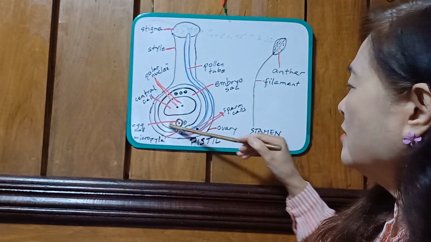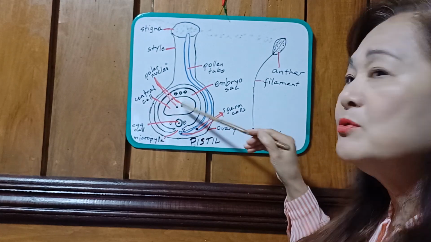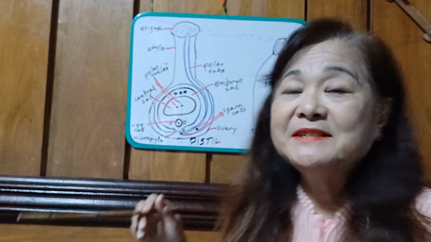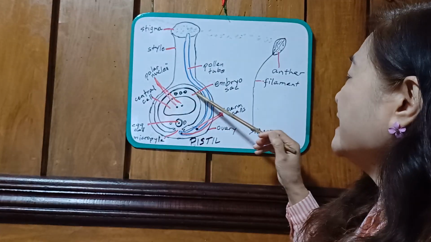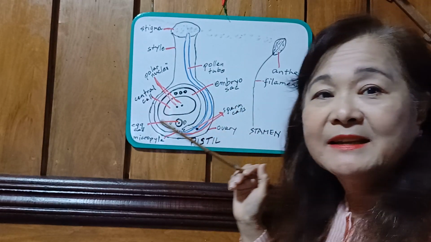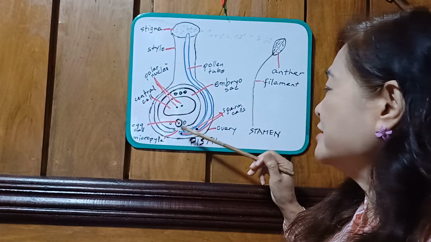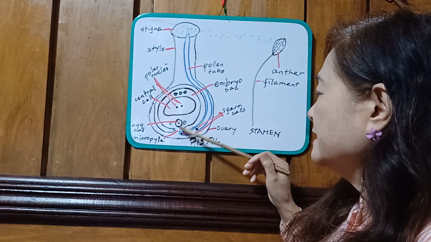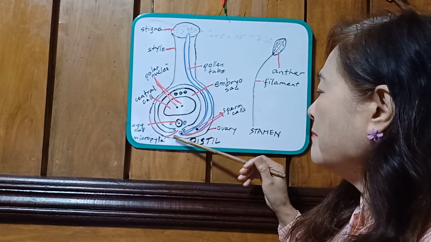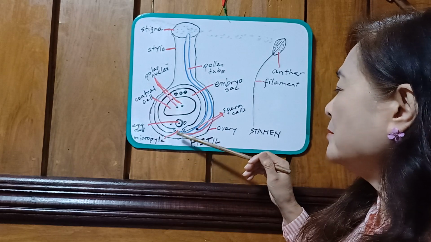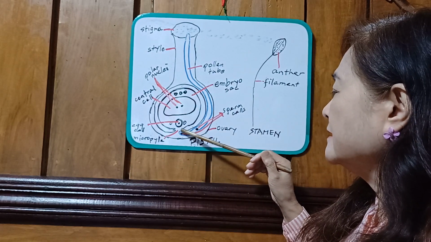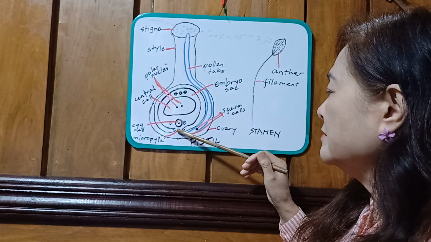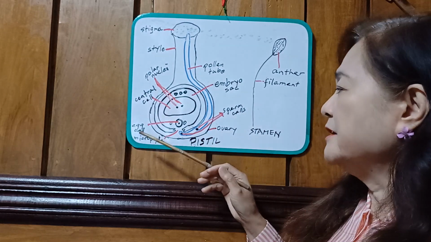In this case, the ovule that I drew is already the mature one, ready for fertilization. It's more technically called the embryo sac, inside of which you find the egg cell right beside the micropyle. The micropyle is the entry point of the sperm cell, which we will discuss later.